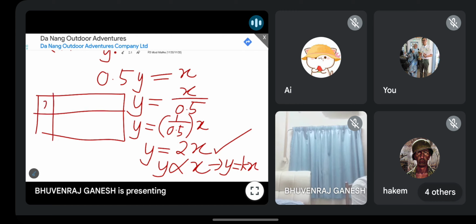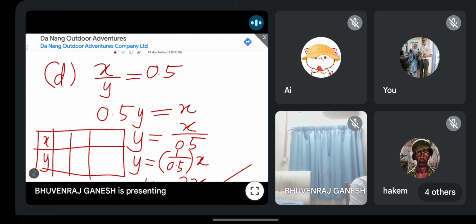So you can prove to yourself, x, y. You take 3 values also enough. Okay, so let's say I got x is 2, 4, 6. You try and see. First one, you will get 4. Second one, you will get 8. Third one, you will get, let me count, 6 over 0.5, 12.